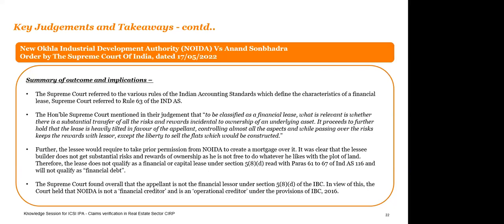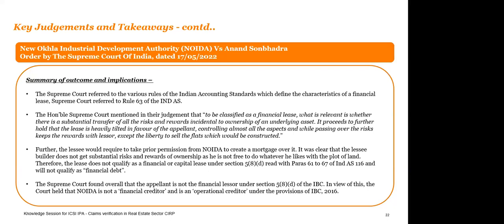It has only given the land to the corporate debtor with certain terms and conditions specified for the construction and the time period of construction. It doesn't pass over its risks to the corporate debtor. The corporate debtor has no freedom, except that he can decide the sale price and sell the flats. This is what is lying with the corporate debtor.